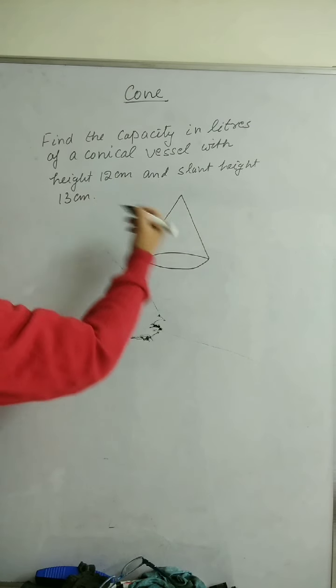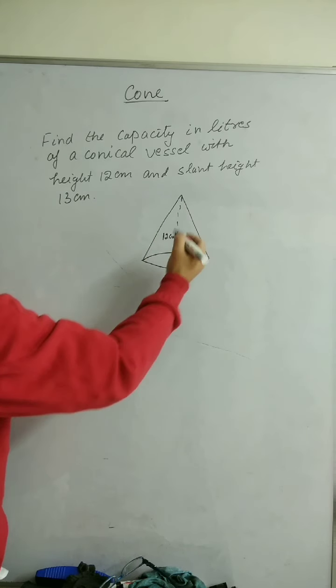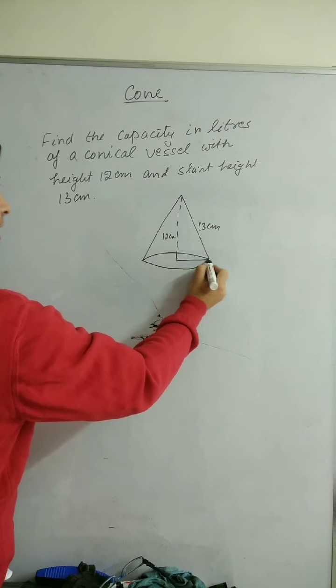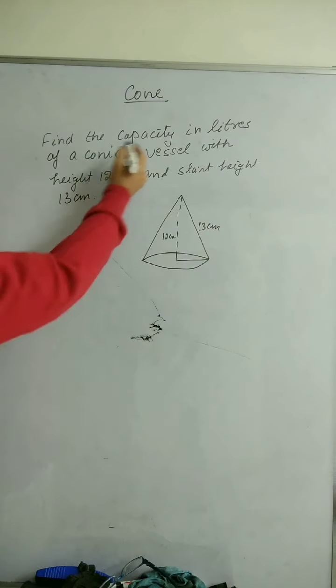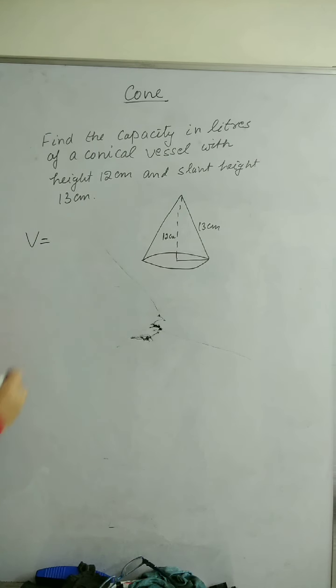Its height is 12 centimeters and slant height is 13 centimeters, and you have to find the capacity. Capacity here means, since it's hollow, the volume. Wherever it is capacity, that means how much fluid it can hold.